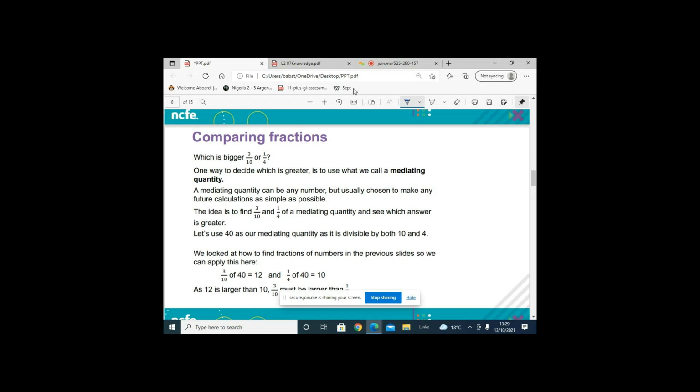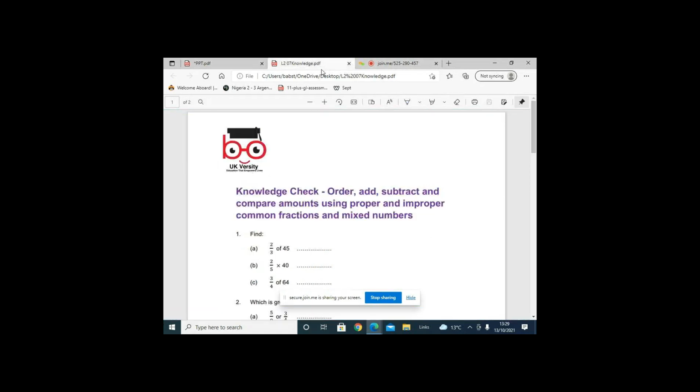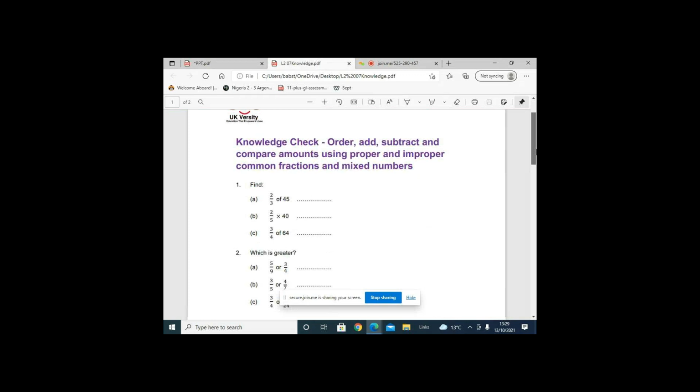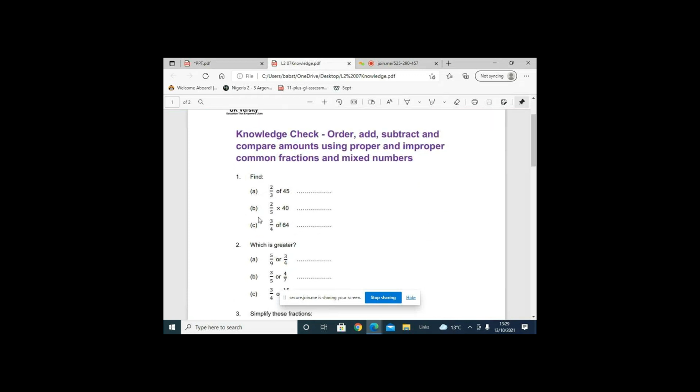So the next one is this. If you have to compare which fraction is actually bigger than the other. So for example now, let me see if I can give you questions on this to do. Can you guys try this one first? This question, A, B, C. 2/3 of 45.